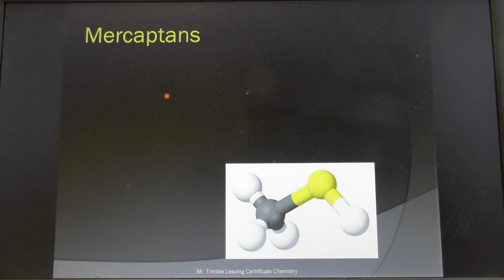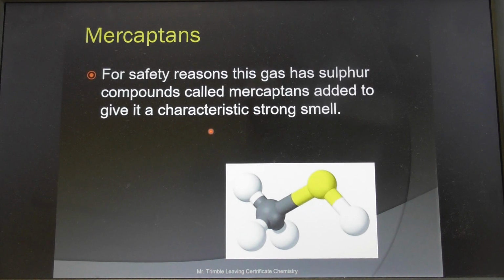Now you know that the gas that comes into the laboratory has a smell. Gas doesn't actually have a smell, at least methane doesn't. What we need to do is add a sulfur containing compound. That's what this is in the yellow here, that's meant to be a sulfur atom. They're known as mercaptans.